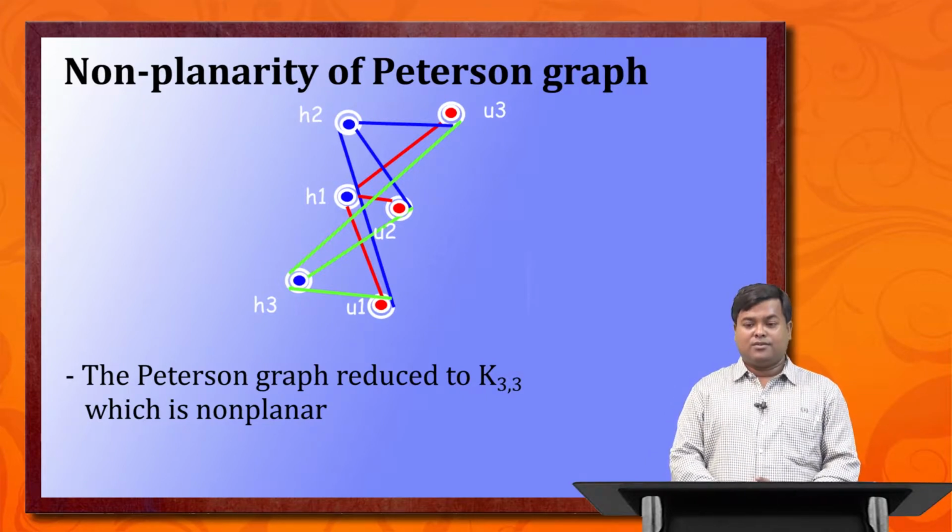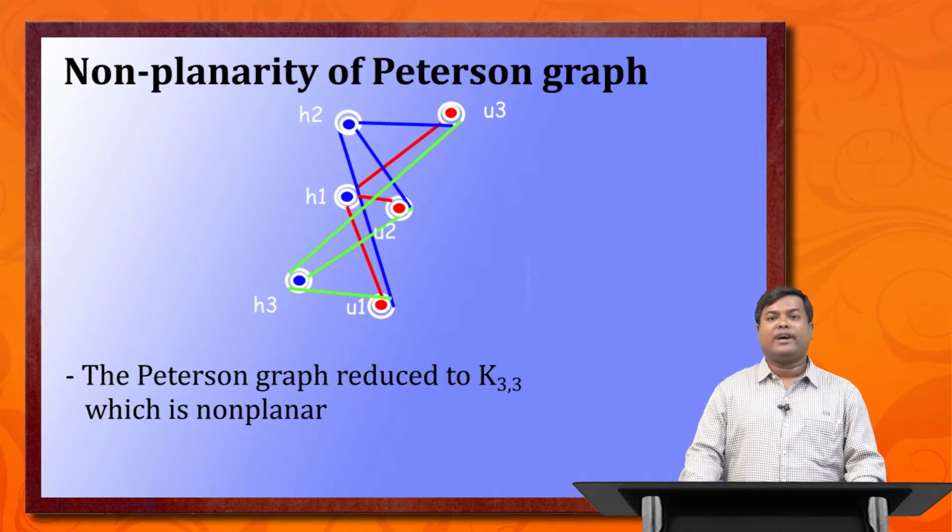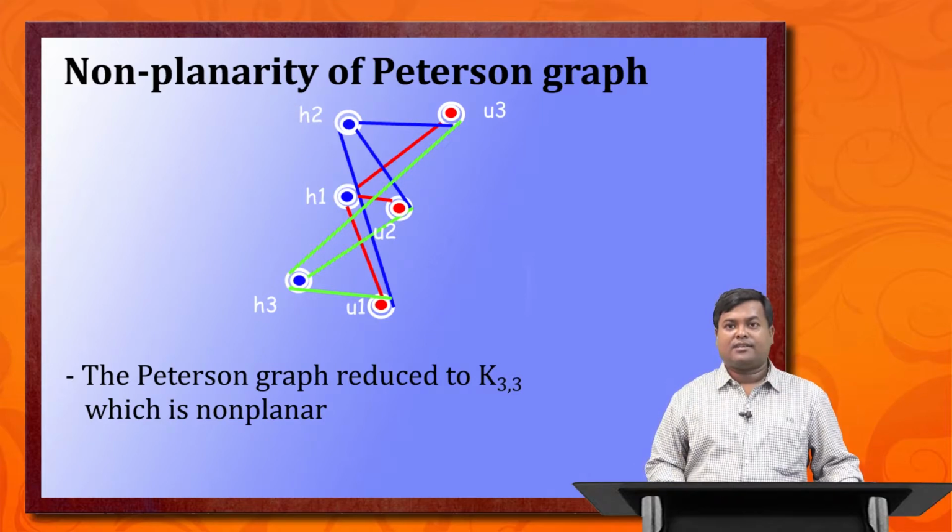We have learned how to check the planarity of a graph using the topological concept. Given any graph, first we try to find out whether it contains a subdivision of K33 or K5. If we get it, then we say this is a non-planar graph.